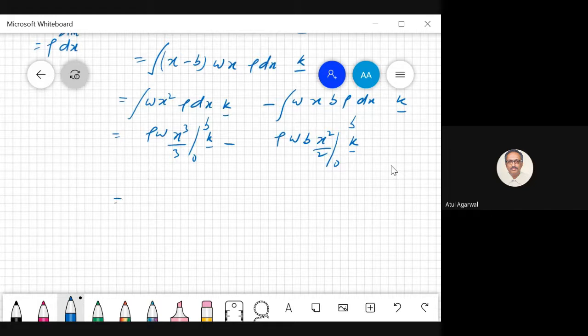So what you are getting, rho omega b cube, you take it out, 1 by 3 minus 1 by 2. This is rho omega b cube by 6.